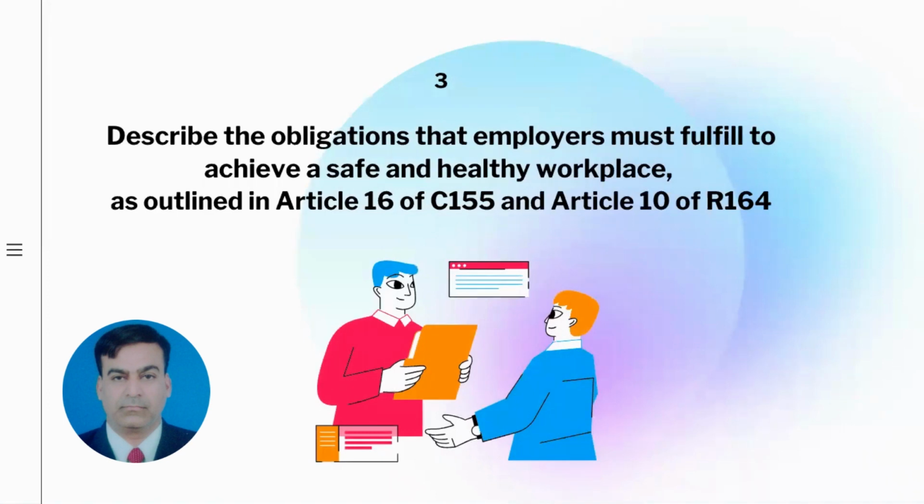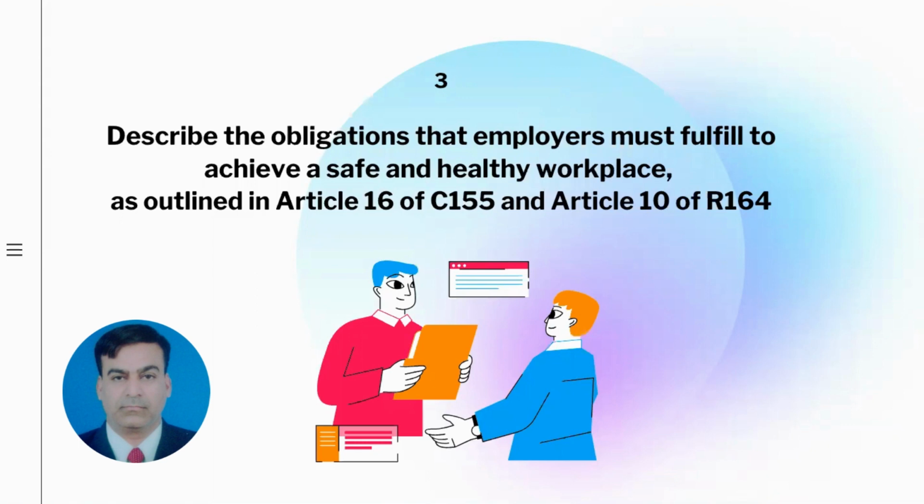Now, I will explain the obligations, the responsibilities of the employers in regard to Article 16 of C-155, which is called the Convention 155 and was issued in 1981. And the supporting document, that is Article 10 of R-164.